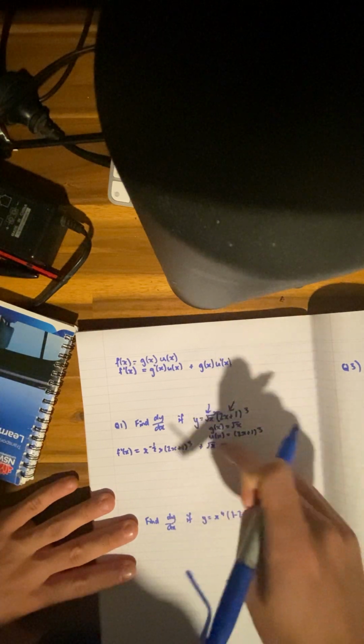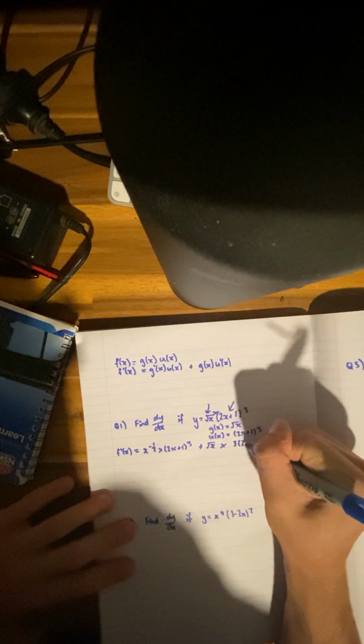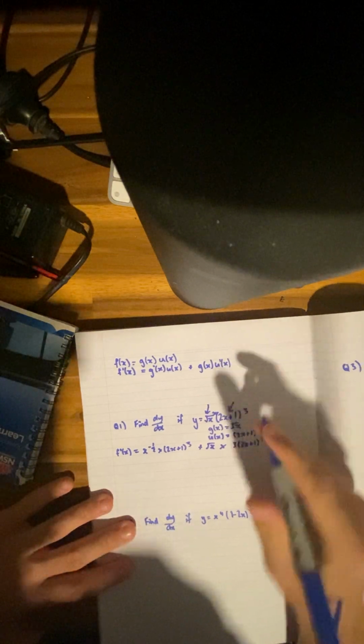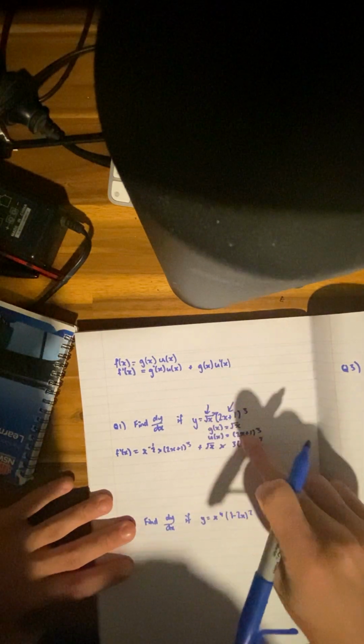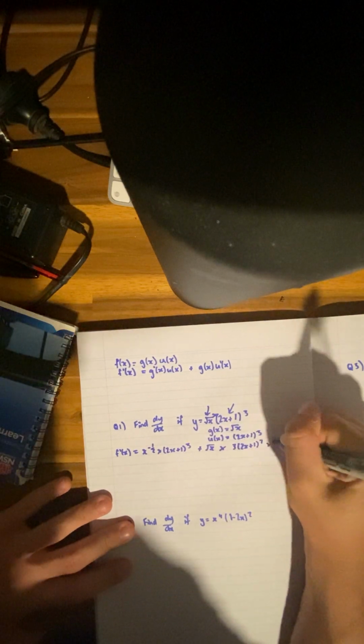So differentiating the outside bit, we get 3(2x plus 1) squared, and now we need to differentiate the inside part, which is just going to be times 2.